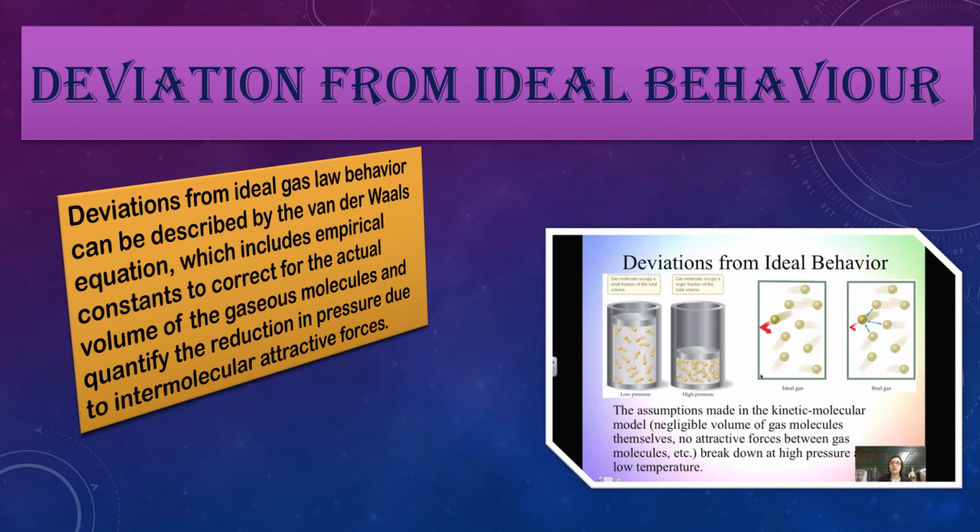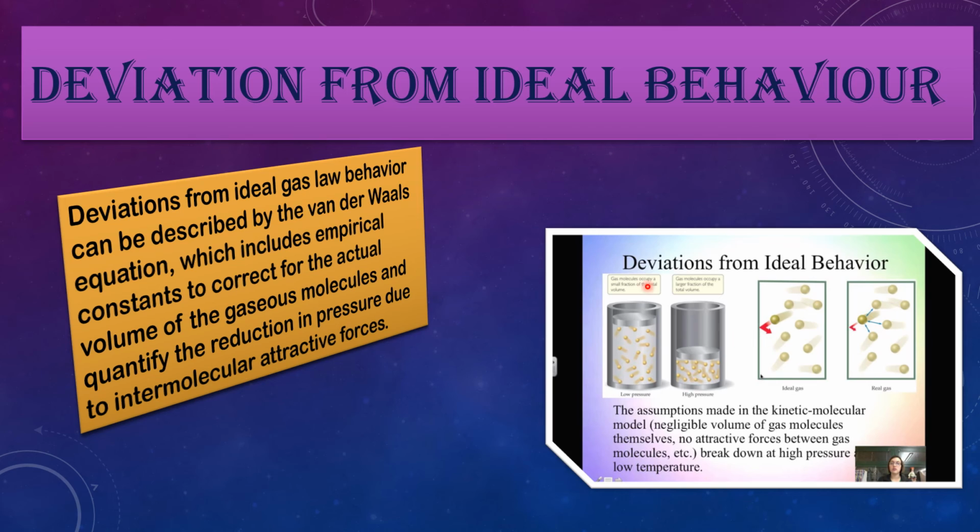Now the last topic is deviation from ideal behavior. Deviations from ideal gas law behavior can be described by the van der Waals equation, which includes empirical constants to correct for the actual volume of the gaseous molecules and quantify the reduction in pressure due to intermolecular attractive forces.